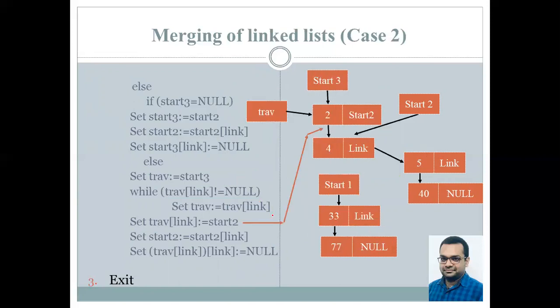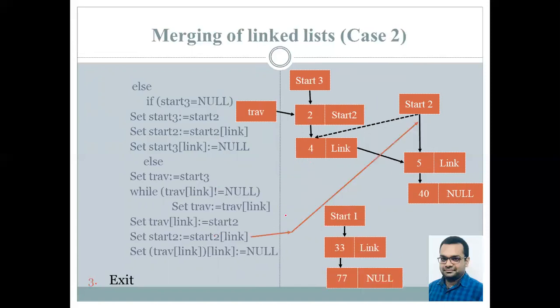Simply the next step is to set the traversal link to start 2. So therefore, traversal link is set to the start 2, that is the address of the first node from the second linked list, as it is very well shown over here. Now start 2 will be incremented to the next node. So you can see this link is now going to cease to exist and this link will be established.